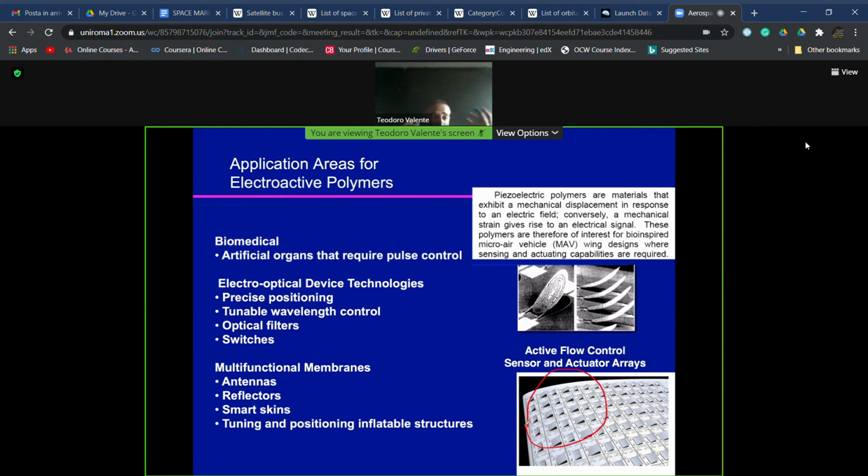Or, as I told you, in the case you have composite, polymeric-based composite materials, you can also think to put, in some part of the polymeric matrix, the piezo polymer, in order to have a sort of embedded strain sensor.